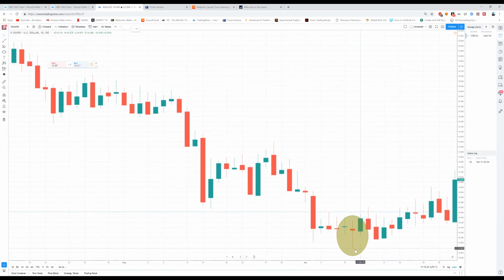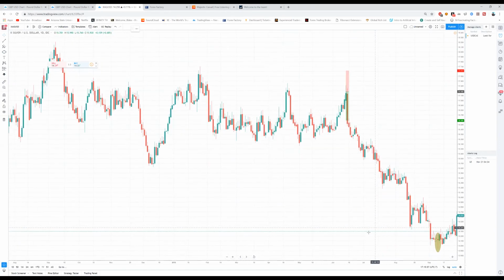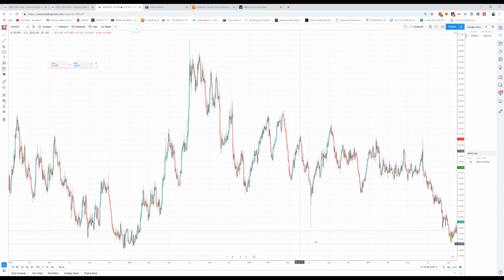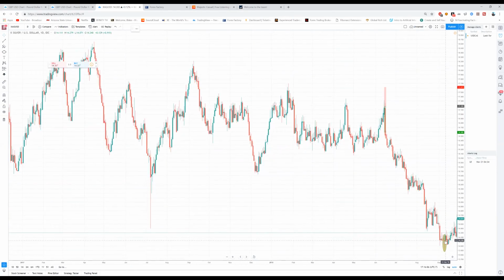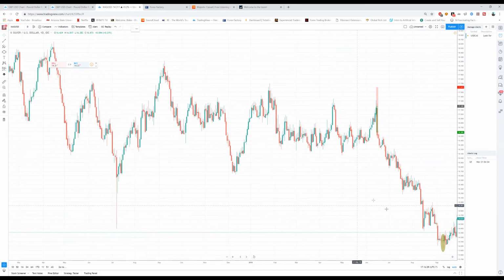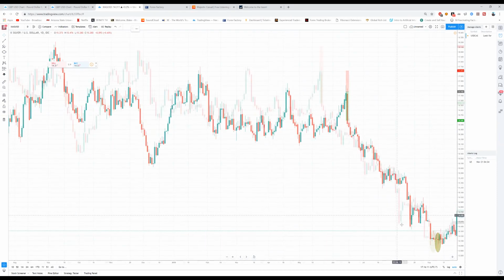And the bottom wick on the daily time frame does not have anything as low as it for a very, very long time. There's not anything that comes close to this low since 2016. This candle happened in September of 2018. So for the daily time frame, that's quite a lot.